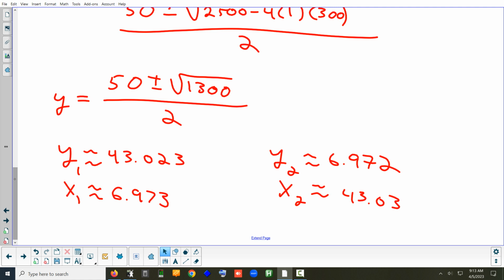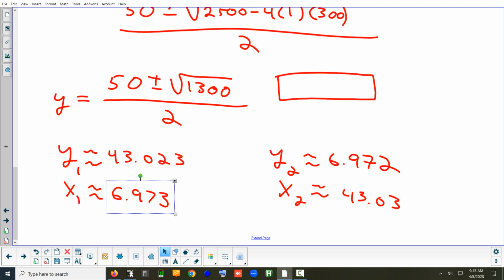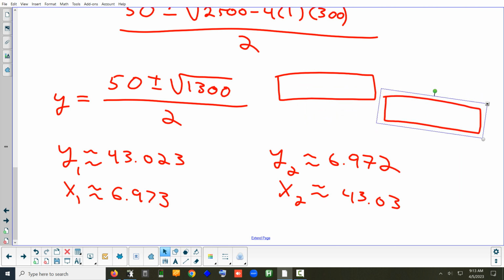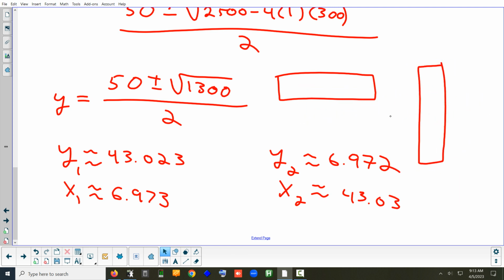But I mean, it's pretty close. 0.02, 0.03, 0.973, 972. They're the same thing. So what that really means is the two answers to this problem: one is a rectangle that looks like this, and the other answer is really just thinking of that same rectangle like that. Those are the two answers. So the only difference is it's rotated a different way. But they are basically the same rectangle.